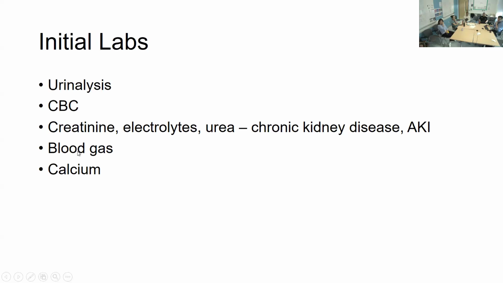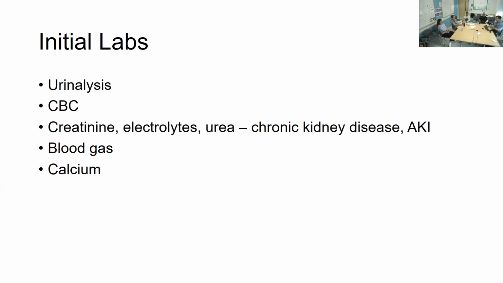Blood gas, if you have something like pseudohypoaldosteronism or hyperaldosterone type states, or even congenital adrenal hyperplasia, whether it's acidosis, hyperkalemia, metabolic alkalosis, all those things can tip you off a little bit.